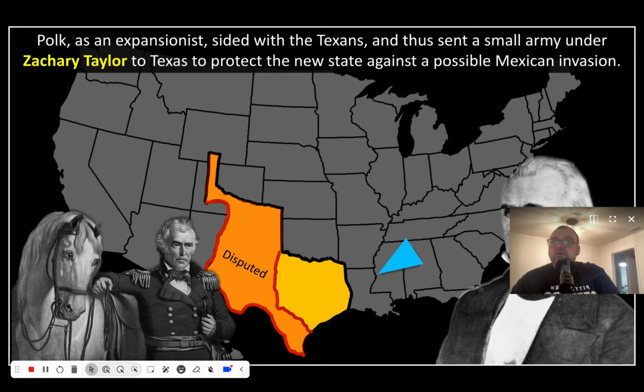So James K. Polk decides to side with the Texans, and he decides to send a small army under the command of Zachary Taylor to Texas to protect the new state from an invasion from Mexico. I don't know if Mexico really would have invaded, but that's what James K. Polk does, and unfortunately, this sparks the war with Mexico eventually.